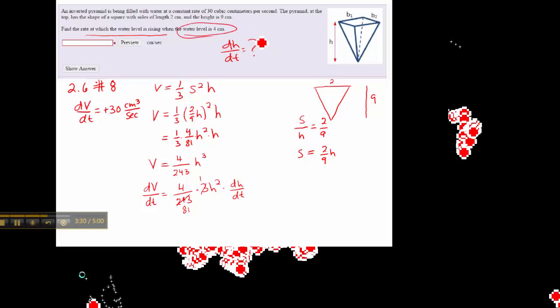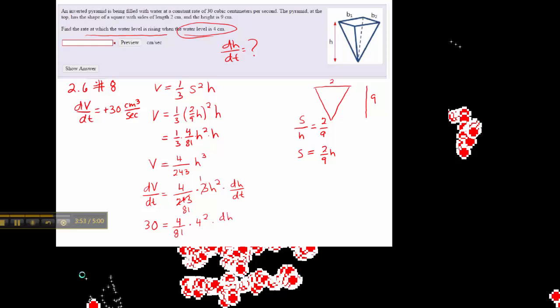They said that the water level is 4 centimeters, so what's happening there? So I know what dV/dt is. 30 is equal to 4 over 81 times 4 squared times dH/dt.